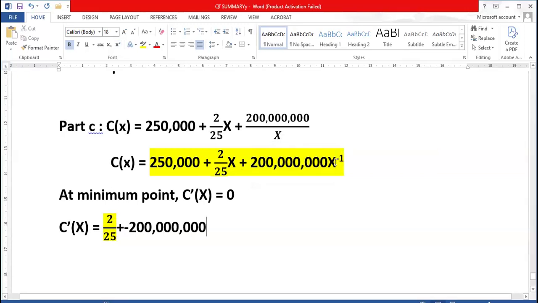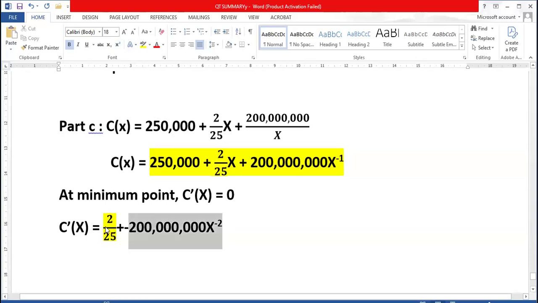What will be the new power? You reduce the original power by 1. When we say minus 1, what do you get? It will be x power negative 2. So that's what you are supposed to do.